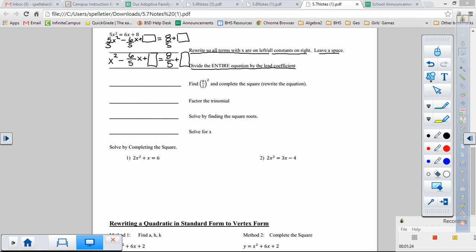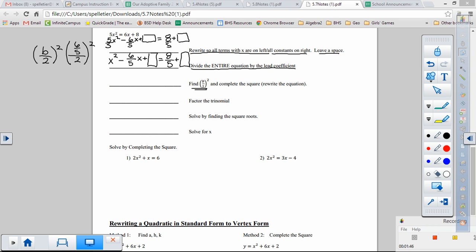So first, to complete the square, remember we need to find (b/2) squared. So I would have to say (6/5 over 2) squared. I know many of you really dislike dealing with fractions, so I want you to think about what b over 2 means. It means I'm taking b and dividing it by 2, taking half of the middle term.